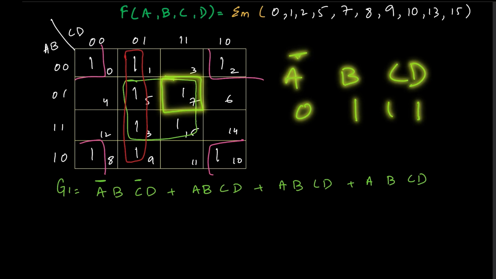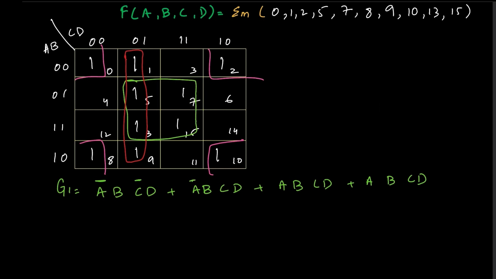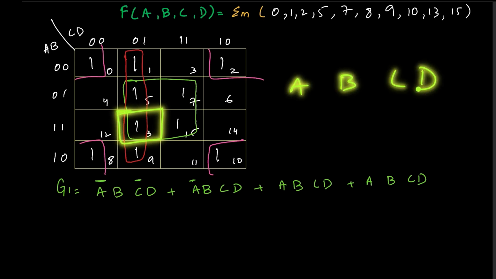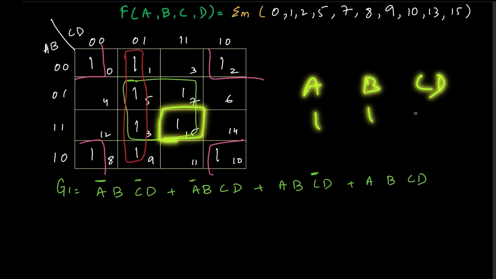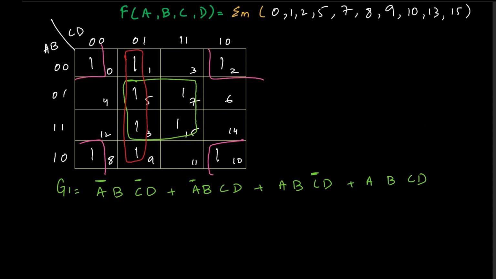Bar on A only. From this one, A, B, C, D, 1, 1, 0, 1. Bar on C only. And the last one will have absolutely no bar as it is ABCD 1, 1, 1, 1.